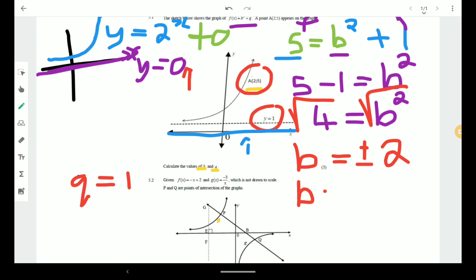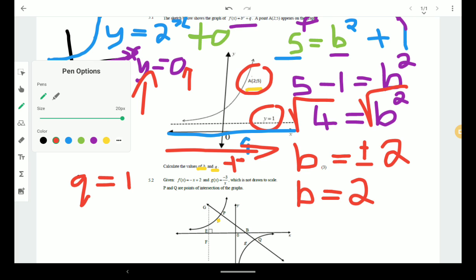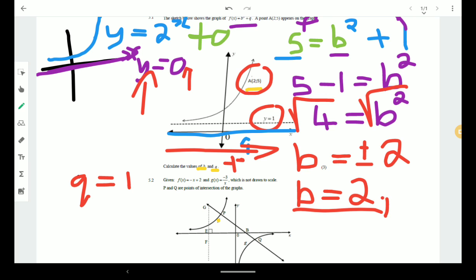So we know that b is equal to positive 2, because as the values of x are increasing in this direction, the y coordinates are also increasing. That means for this graph, b is equal to positive 2.